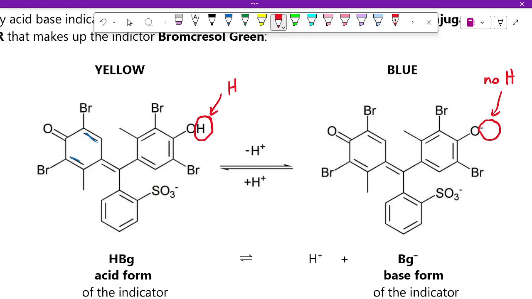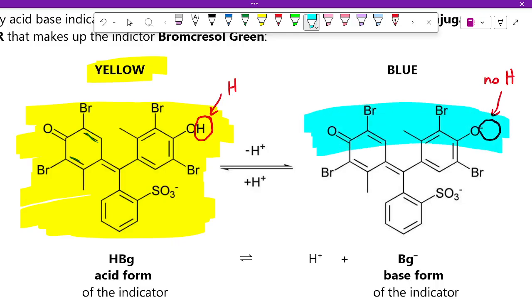So if we have the hydrogen on there, the whole thing is yellow. You don't have to color it yellow because it says the word yellow here. Over here on the right, without the hydrogen, that turns the whole thing into the color blue.